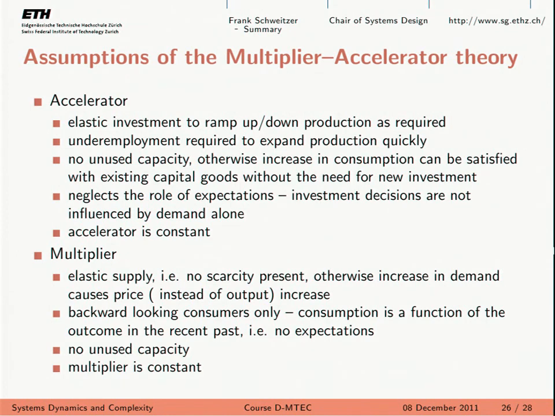So these are the most important assumptions of the multiplier accelerator theory, and depending on your personal preferences, you may or may not relax them. So disregard them, in other words. Or you might just completely disregard all these theories by saying they're completely economically not realistic. But it's basically personal taste, I would say.